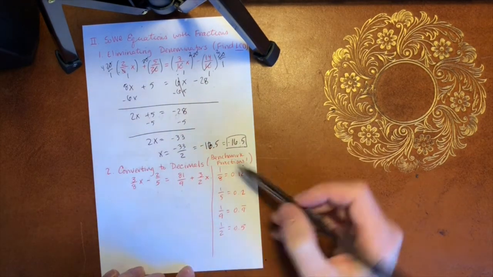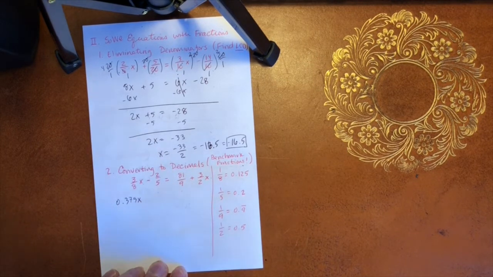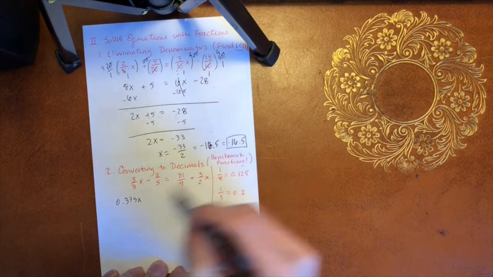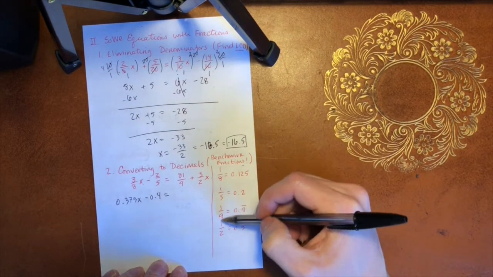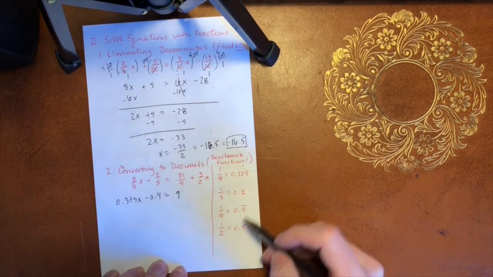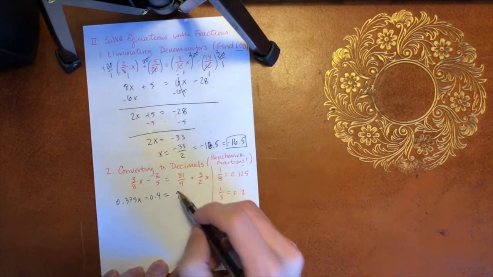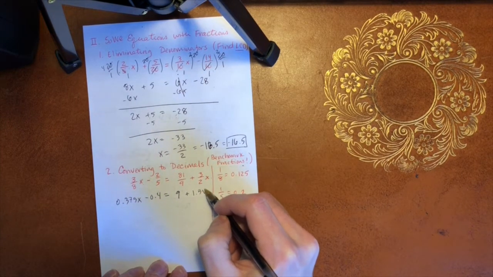So 3/8, multiply this by 3, we end up with 0.375x. 1/5 is 0.2, so 2/5 is 0.4. 81 over 9, well, 1/9 is 0.9 with a bar, but 81 divided by 9 is just the number 9, so we don't need to worry about that. And 3 over 2x, 1 over 2 is 0.5, so 3 over 2 is 1.5.